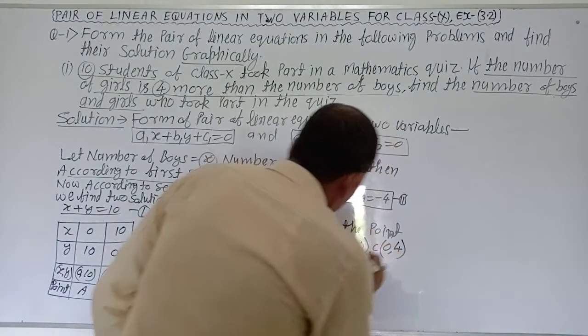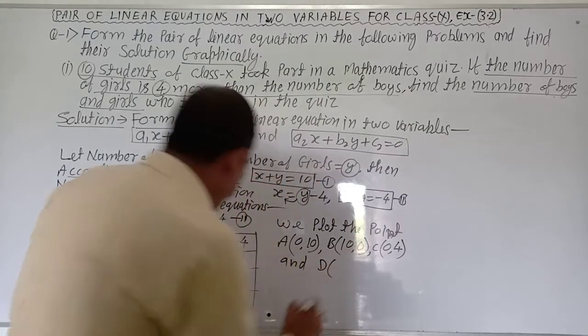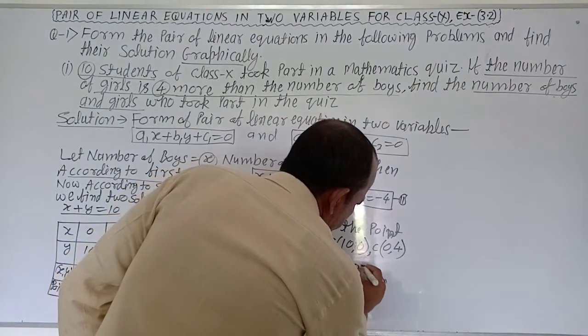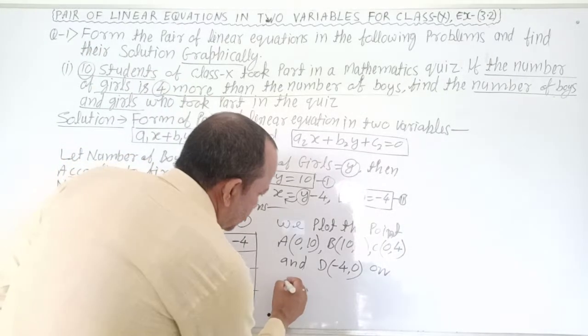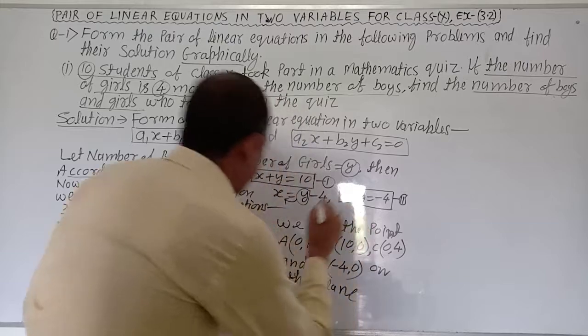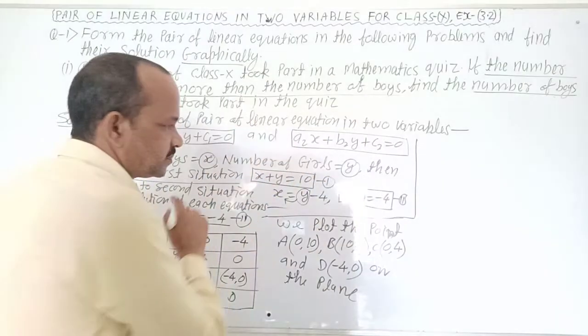And D means -4, 0. On the plane. It is clear? No confusion about it.